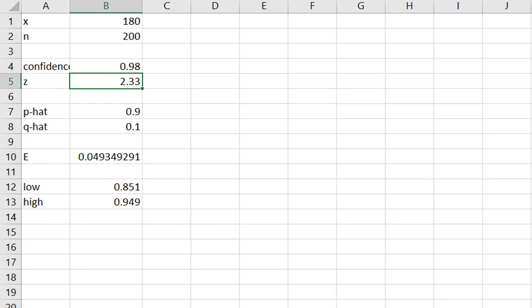And so we might need to look at this one, 180 out of 200, to get my confidence interval. So notice that 180 out of 200 gives me my p hat, and then my q hat, and then my error. But the whole point of Excel, and what's kind of nice to do sometimes, is the cells that you want to change, highlight them so you know these other cells you don't actually touch.